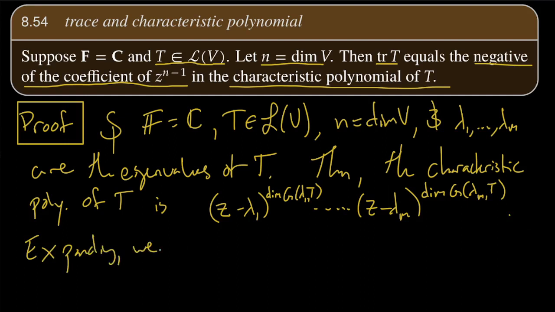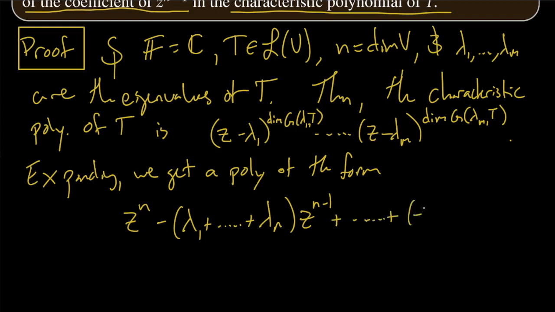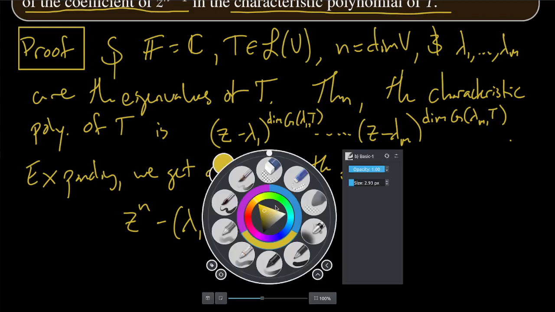So, expanding, we get a polynomial of the form z^n minus (lambda_1 + ... + lambda_m) z^(n-1) plus a whole bunch of other terms. And I should be clear here, I'm writing a little bit too fast. I forgot to write the multiplicities in this sum, since I'm only doing the distinct eigenvalues.